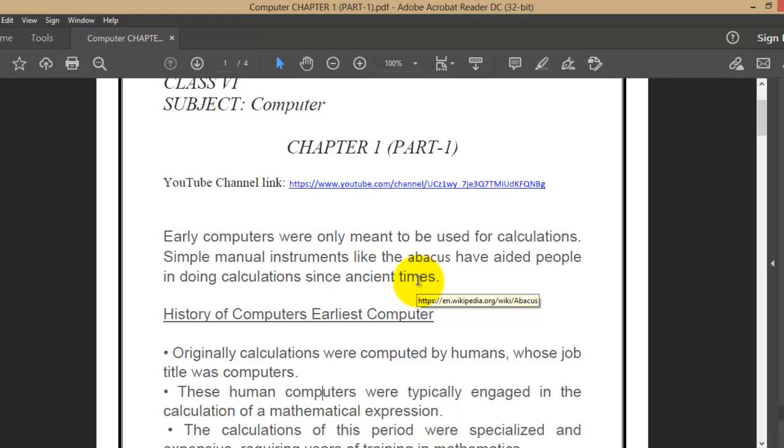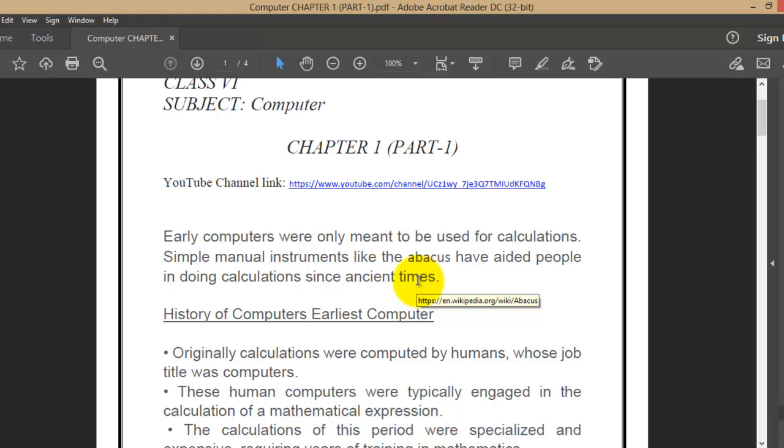Simple manual instruments like the abacus aided people in doing calculations in ancient times. Means in earlier days, more than 3000 BC, 3000 years back before Christ, people in ancient times have been using this abacus.